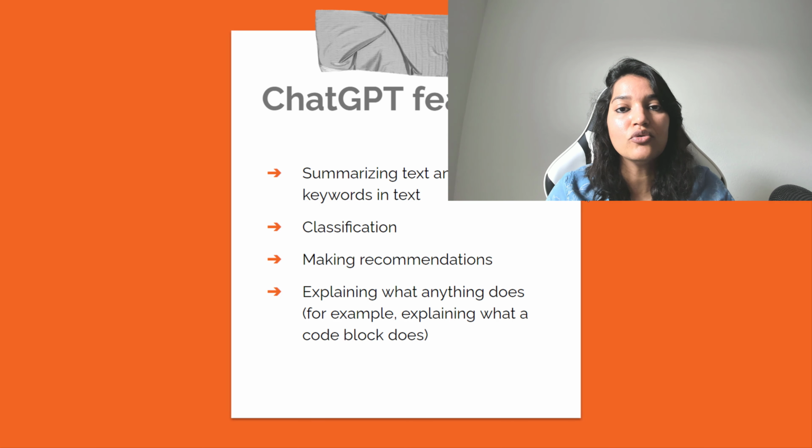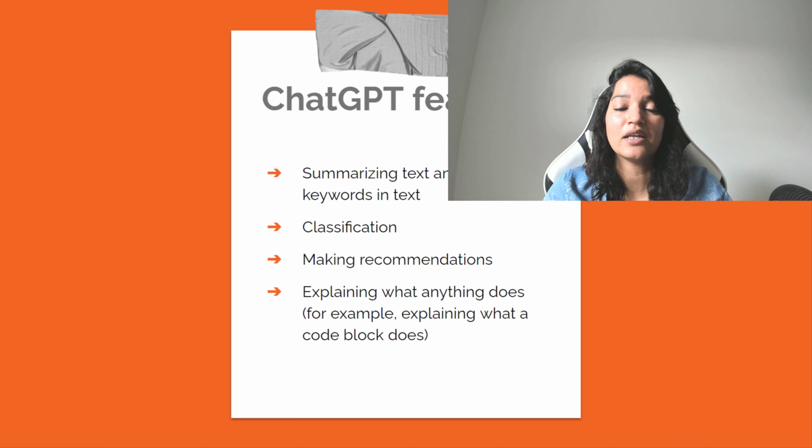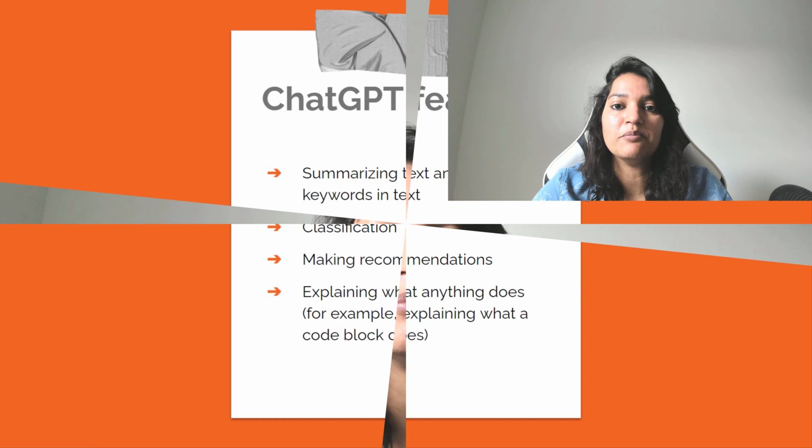It can do those interlingual translations. It can make recommendations, and also it can tell you what your specific piece of code does. So let's say you're looking at a code and you are not understanding what exactly that code is doing. It can even explain what the code is doing in a very simple and easy manner.